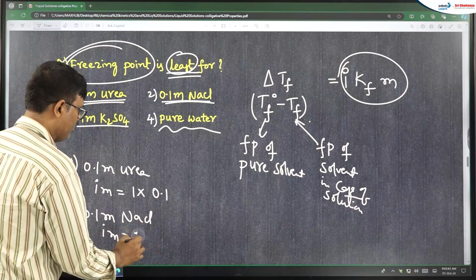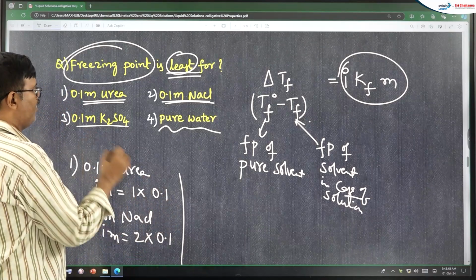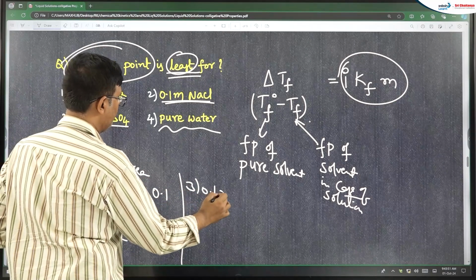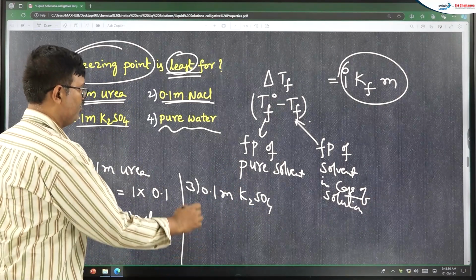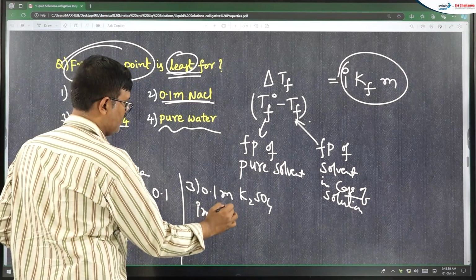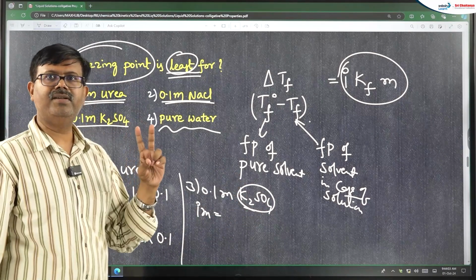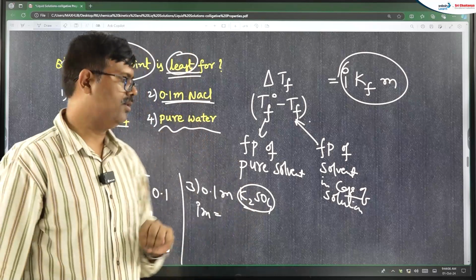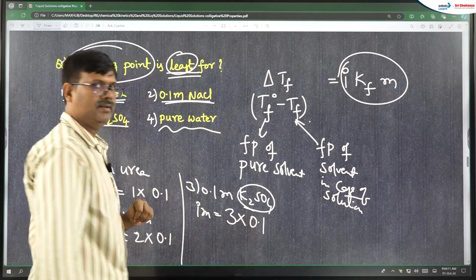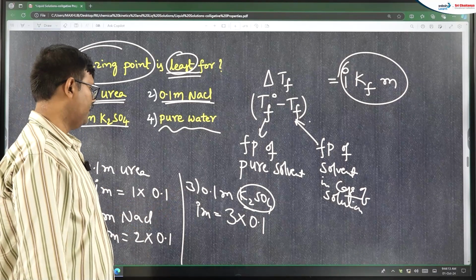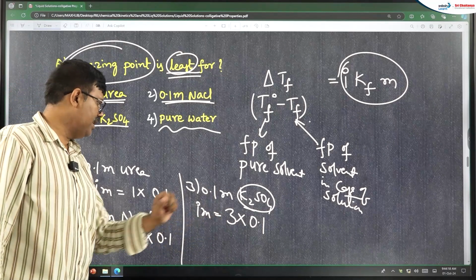So 2 into molality 0.1. Third option, 0.1 molality K2SO4. So here also i into m, i is what here? There are how many ions present? 2 potassiums, 1 sulfate, 3 ions. So 3 into 0.1 molality.